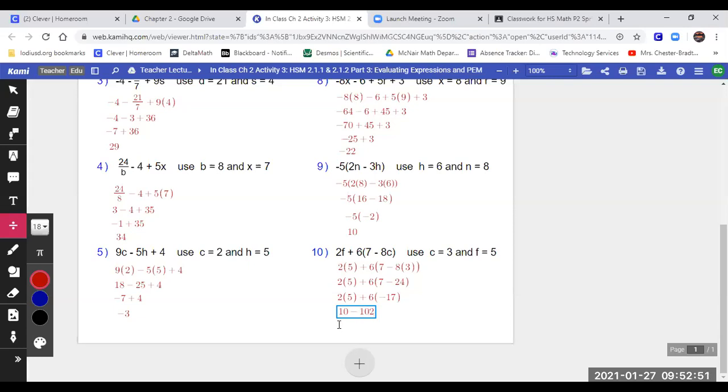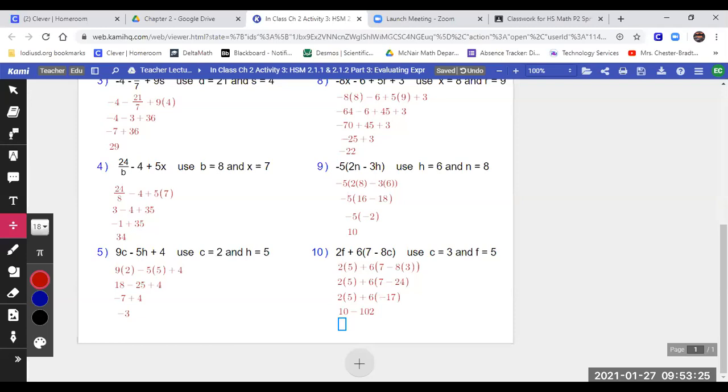Okay, last row. Are these the same sign? No. So when they're not the same sign and we're combining them, what do we do about it? We subtract them.